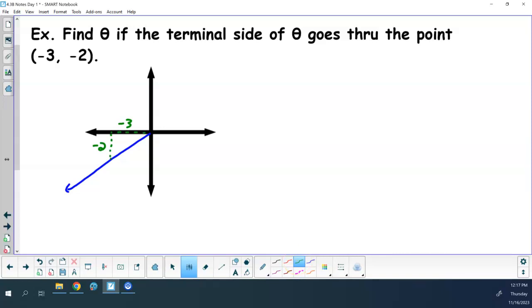I want to know that angle. Well, that's here, right? That's theta.